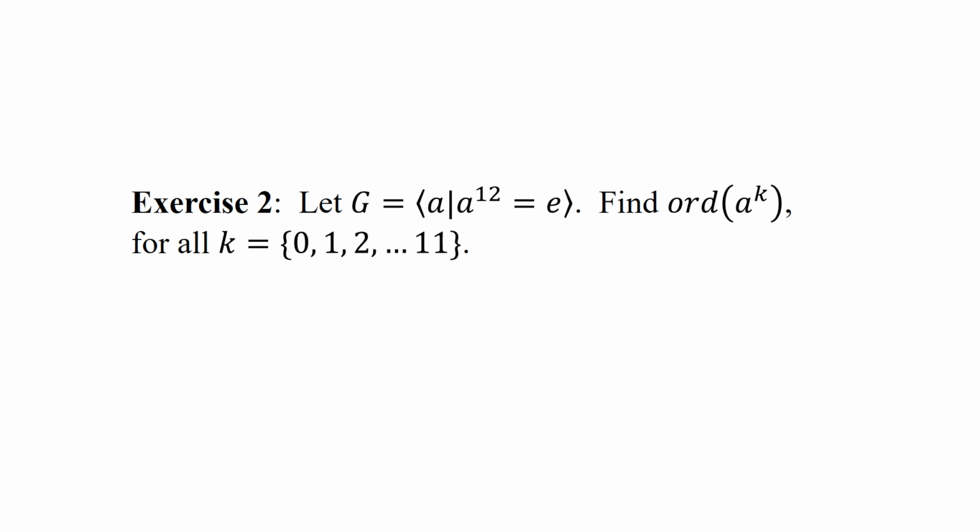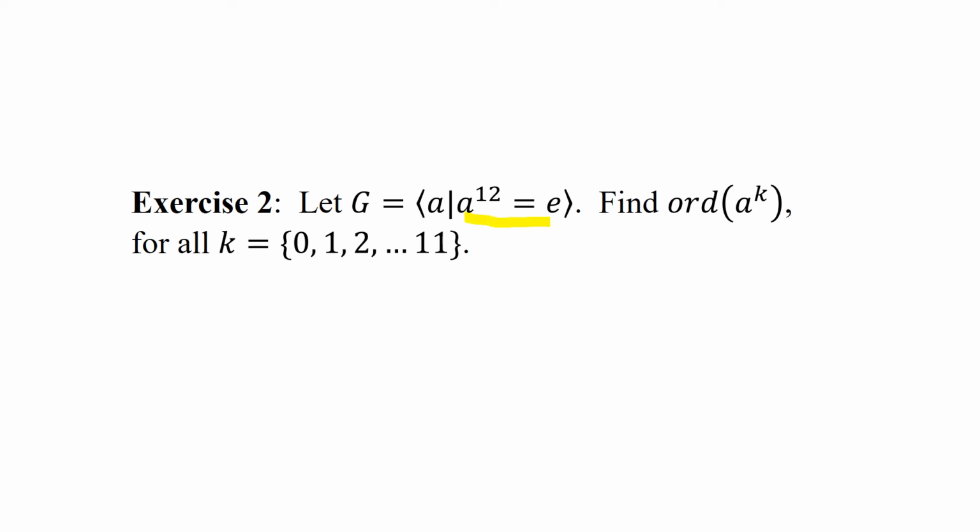Let's practice a little bit with orders of elements in a finite group, a cyclic group in this case, because what we're interested in doing is trying to figure out what do I know about the order of a power of A if I know the order of A. Now in this case I know the order of A is 12. That was the definition of my group.